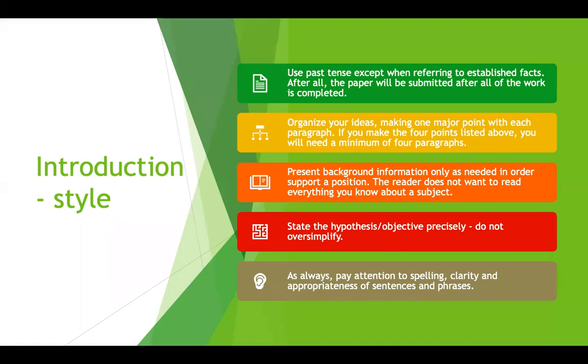Do not oversimplify it. Just present them in a precise manner. Always pay attention to spelling, clarity, and appropriateness of the sentences and phrases. This is important in any part of the paper.